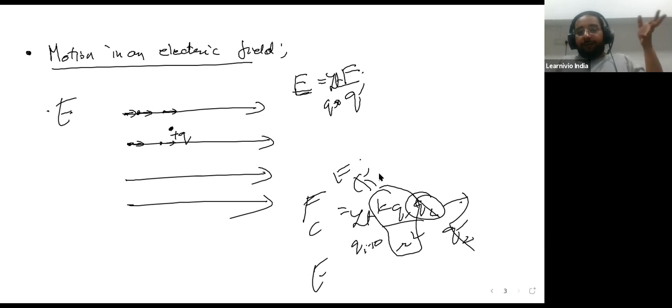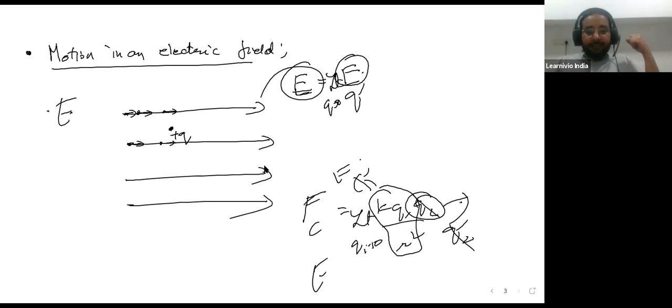But now, if you're given a charge sitting inside an electric field, and the question is the opposite one: how much force is the charge going to feel? Well, this logic will be exactly the same. The force will be in the same direction as the electric field, and the amount of force will essentially be the charge of the particle multiplied by the electric field.